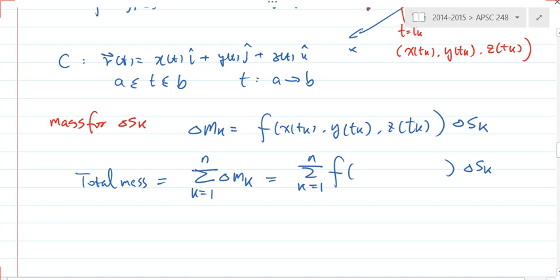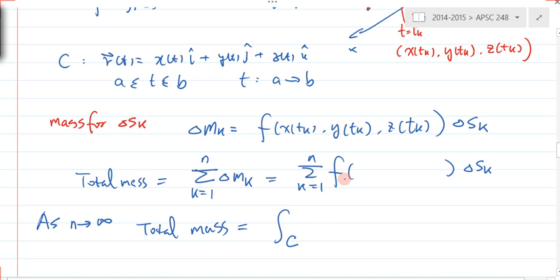Then, as n goes to infinity, consider an infinite number of segments along the wire, this summation becomes an integration. This time we're integrating along the curve C. What are we integrating?